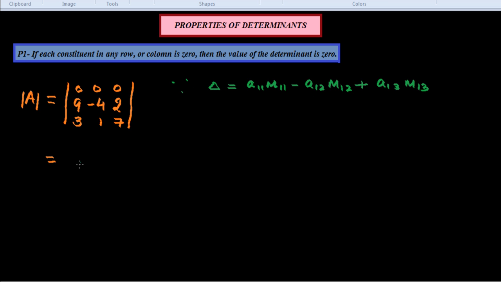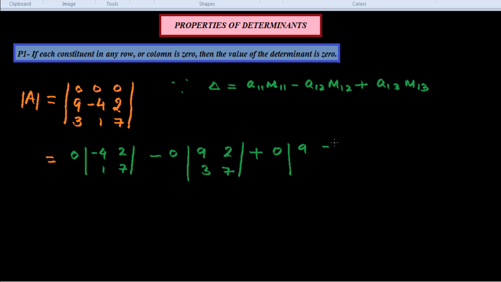A11 is 0 and M11 is -4, 2, 1, 7. Is it clear? Minus, this also 0, A12, and we put here 9, 2, 3, 7, and then 0, 9, -4, 3, 1.